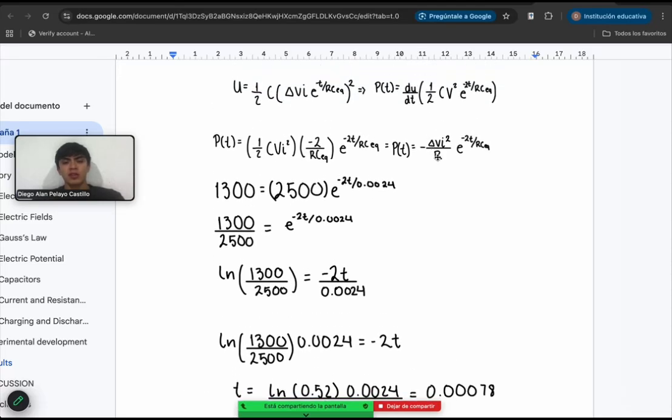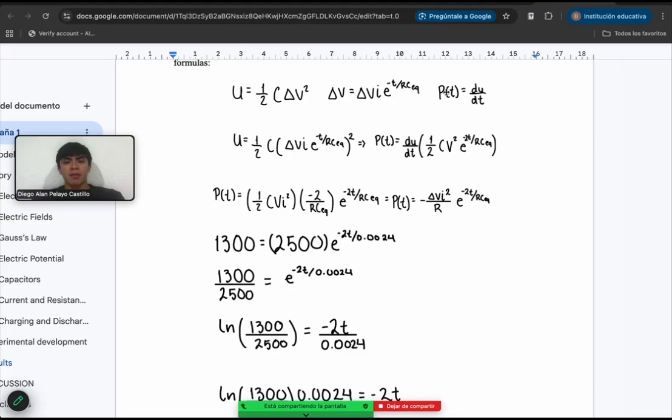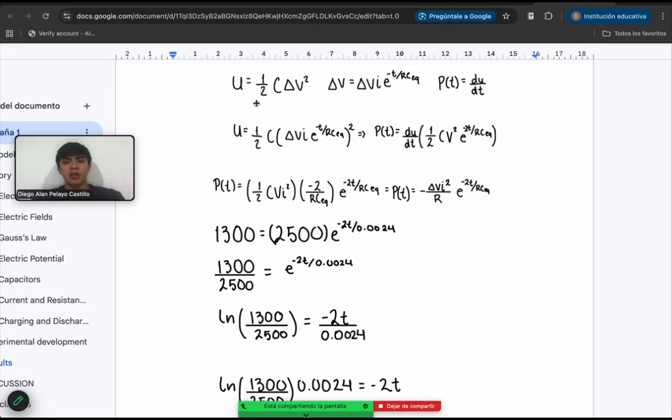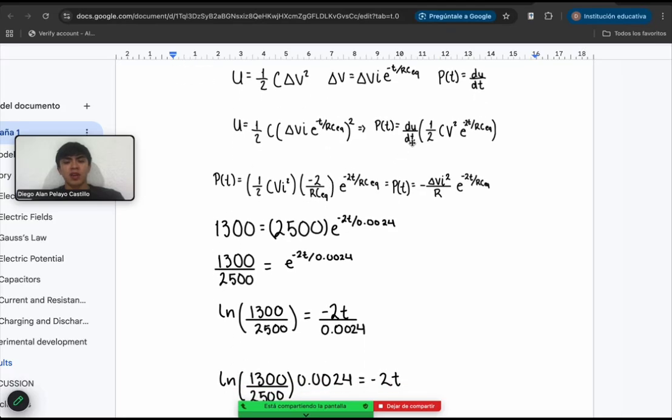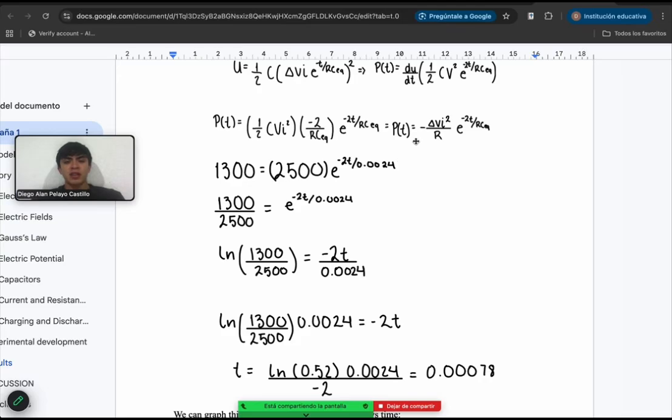So we start changing all of these values in order to get our final equation. As we already know that power of time is equal to dU/dt, we substitute these values into each one of the corresponding ones, and we get the equation that says power of t equals delta V, I squared over the resistance, times e to the minus 2 times time over RC.